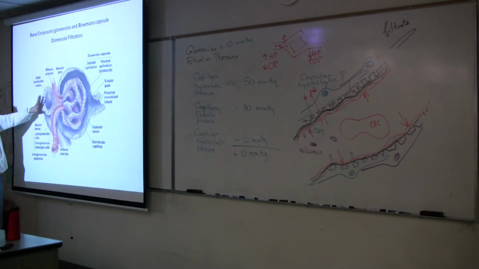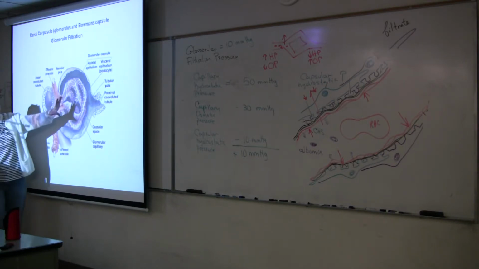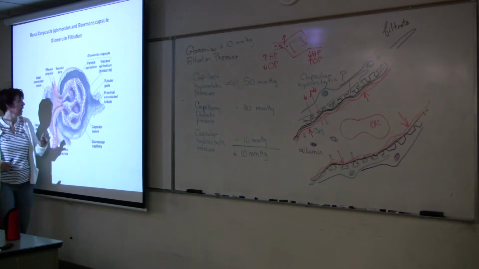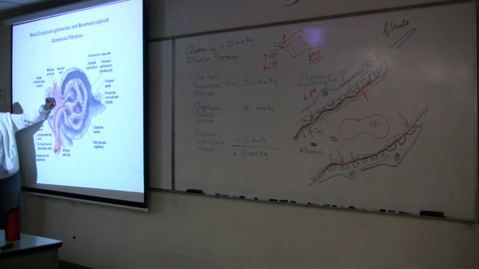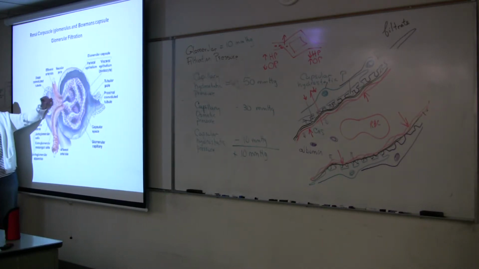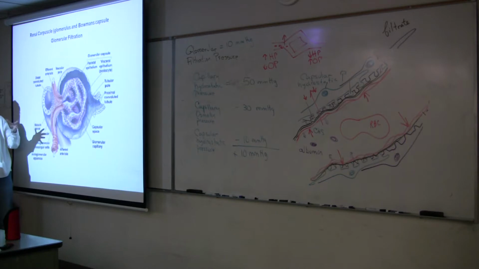Now this is drawn anatomically correct. In our models, here's the proximal convoluted tubule over here. In the models, they'll have the distal tubule about this big, which is way too small. I think they were just trying to save plastic or something. But we have two sets of cells that are important in providing an increased pressure within the capillaries if the rest of the systemic pressure drops.